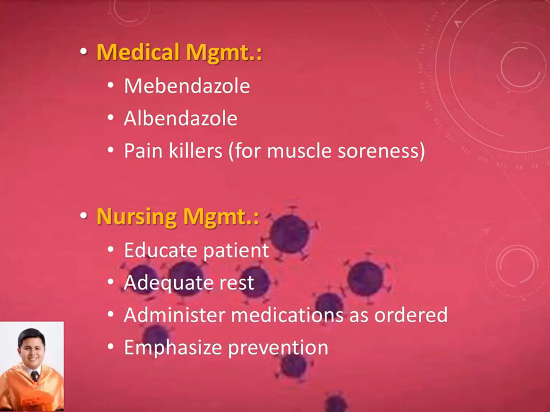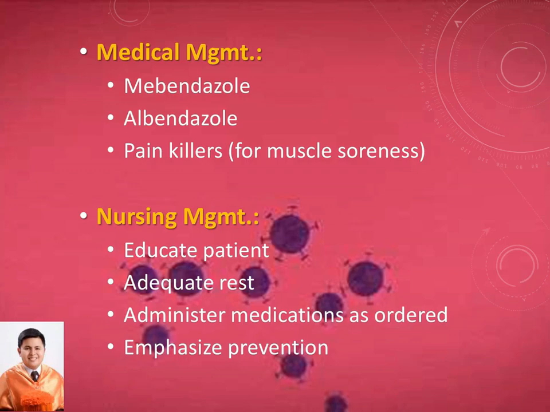For the medical management, clients with trichinosis are given anti-parasitic medications such as mebendazole and albendazole. These medications are effective in eliminating the worms and larvae in the intestine. Painkillers may also be given as a form of symptomatic treatment.